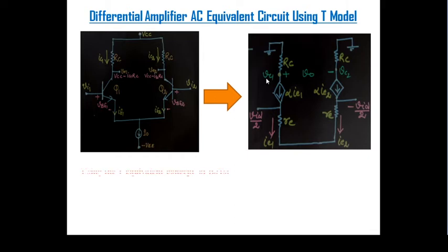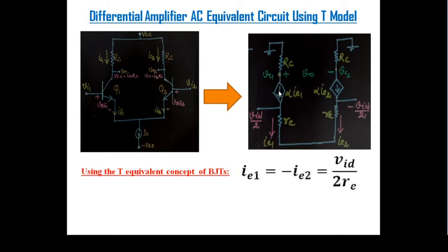We can find the Vc1 value using the T equivalent concept. We can find Vc1, Vc2, and the alpha I1 value. The IE1 value equals minus IE2, due to Vid by 2 across twice RE.